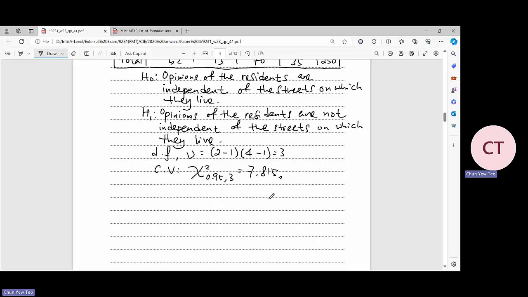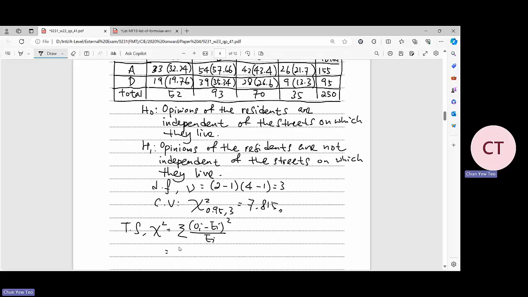Now we can find the test statistic. This will take us quite some time. The formula for chi-square is the (O_i minus E_i) square over E_i. So the first one is you take 33 minus 32.24 square divided by 32.24.